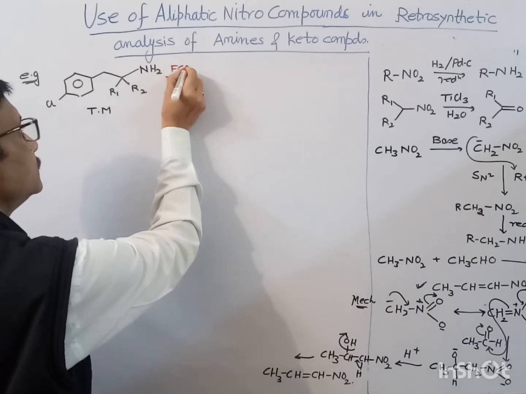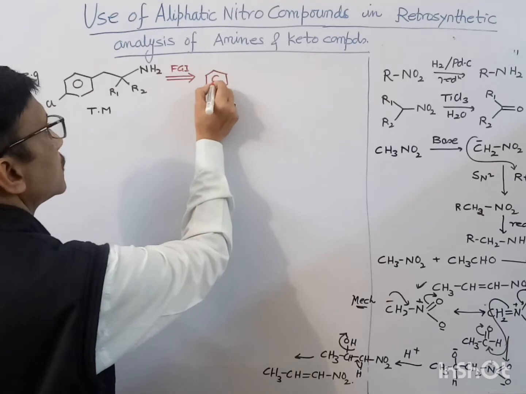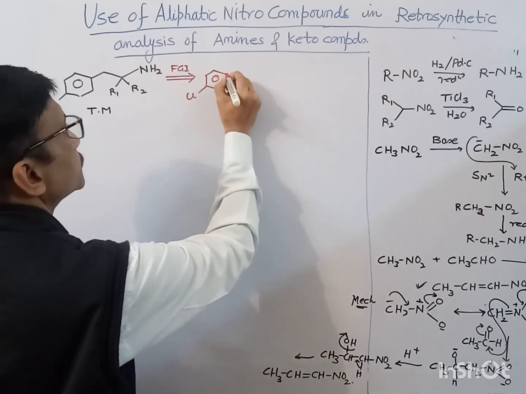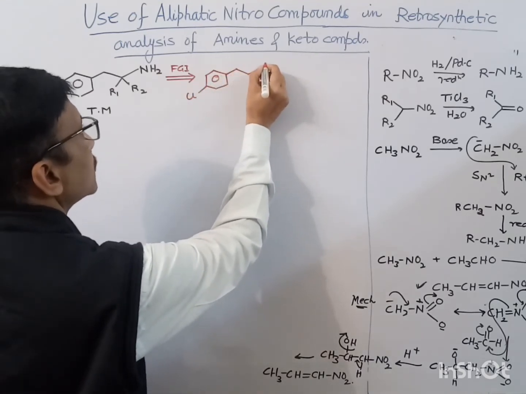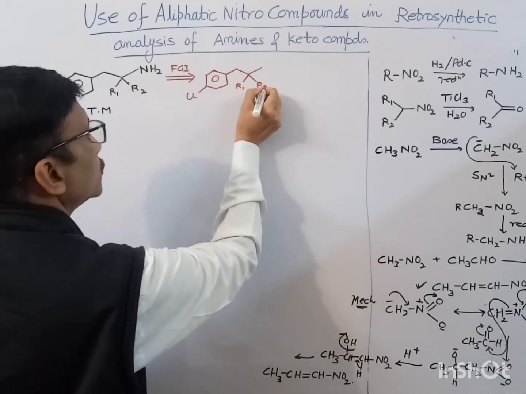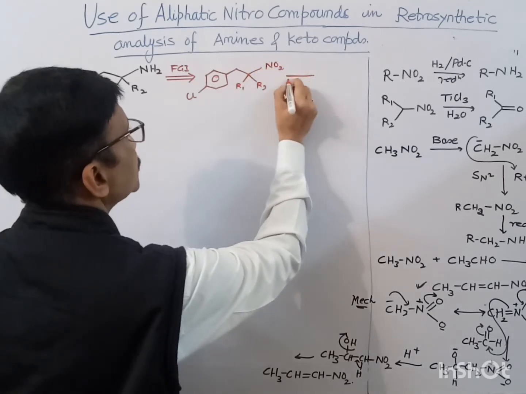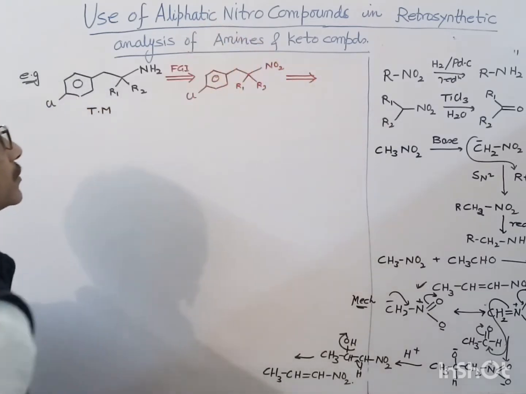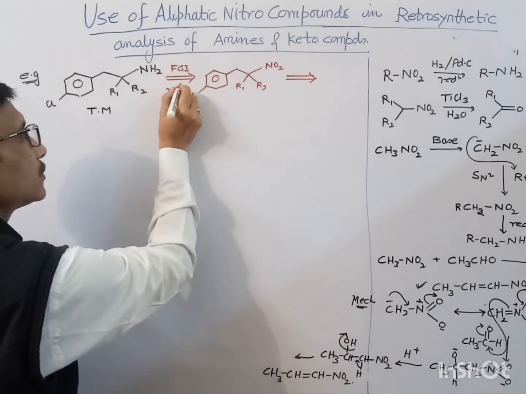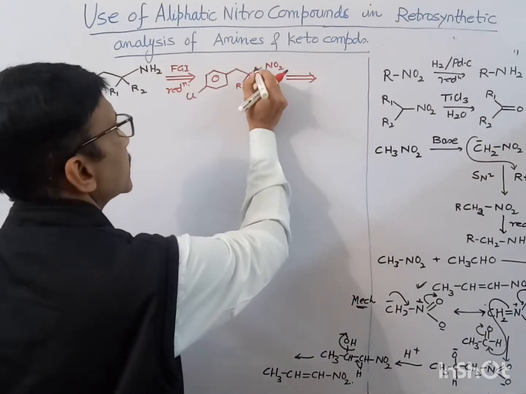I am writing here FGI, and that can be written as R1, R2, NO2, and below the arrow you can write the reduction. Now you will disconnect it. From where will you disconnect it?